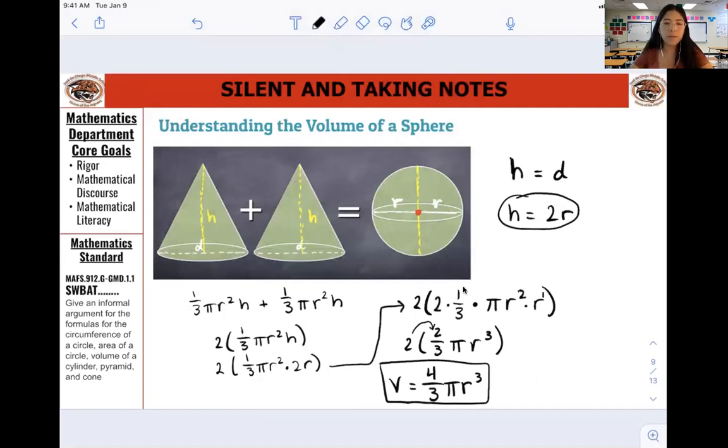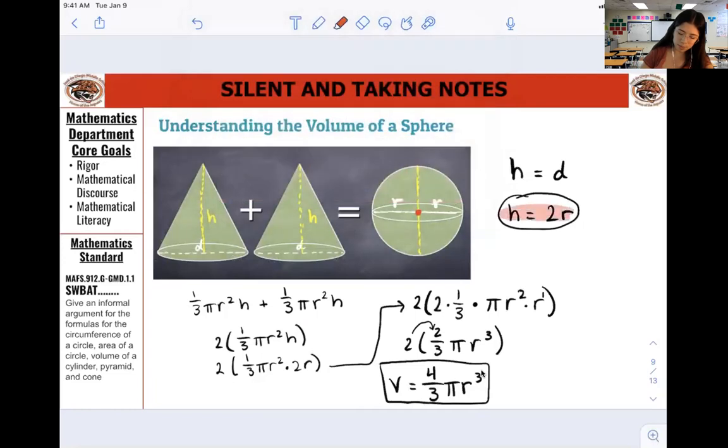So it's really interesting to see how it all comes together. And this is something that you can write into your notebooks as well. So we have the volume of one cone plus the volume of another cone. So it would be 2 times the volume of a cone. All we did was we replaced h. Let me highlight that part.